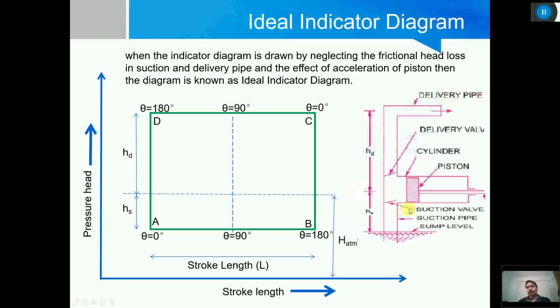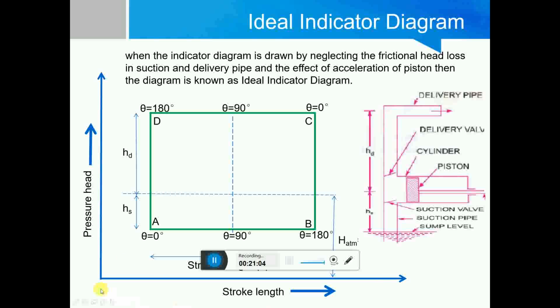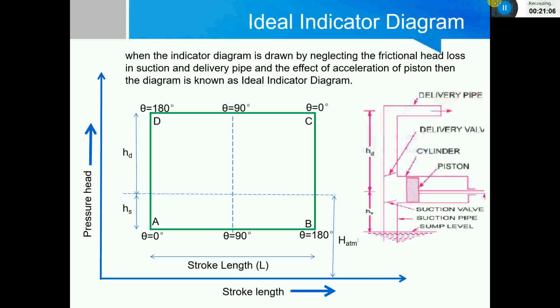The ideal indicator diagram is drawn on the axis of stroke length and pressure head. This one is the absolute pressure head.